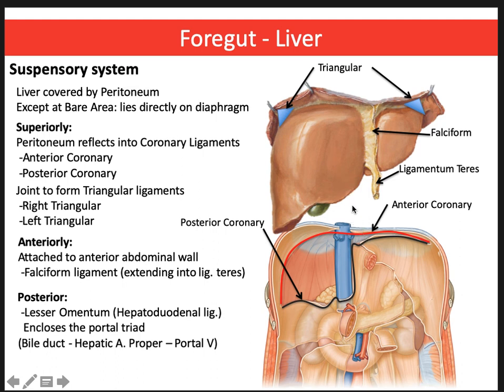So not stretching those important vessels. So this is the hepatoduodenal ligament, which is a thickening containing all those vessels, part of the lesser omentum, which connects the lesser curvature of the stomach to the liver.